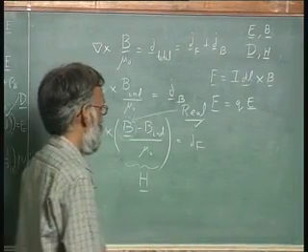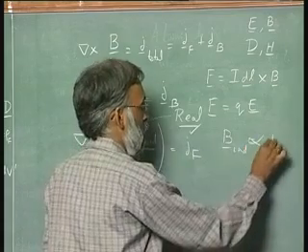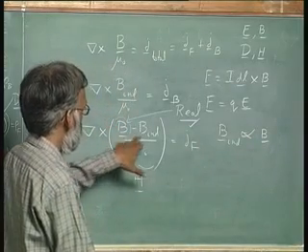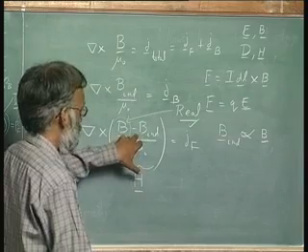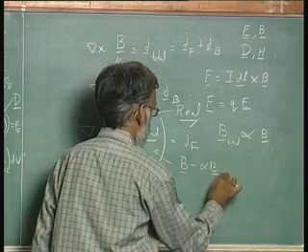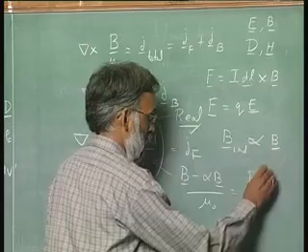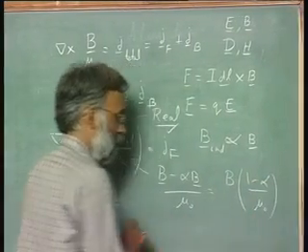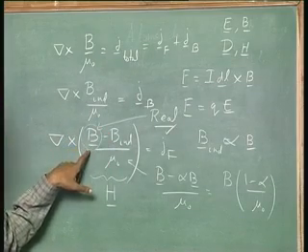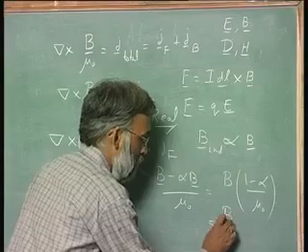But for the simplest kind of systems, you can say B induced is proportional to B. If B induced is proportional to B, then you can pull out a B. So, this quantity would become (B minus alpha B) over mu naught, and you can write this whole thing as B times (1 minus alpha) over mu naught, and it depends on the type of material, whether the induced B is in the same direction as B, in the opposite direction as B, etc. And so, you can write this as B over mu.